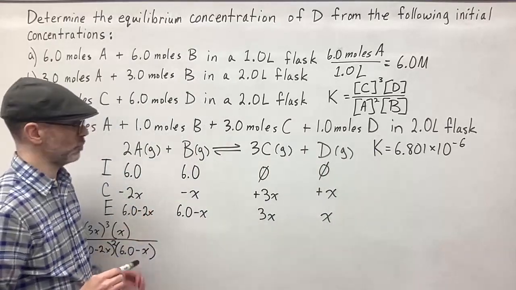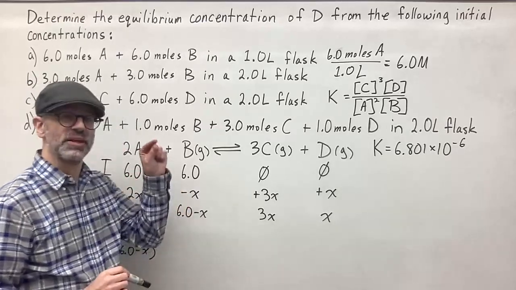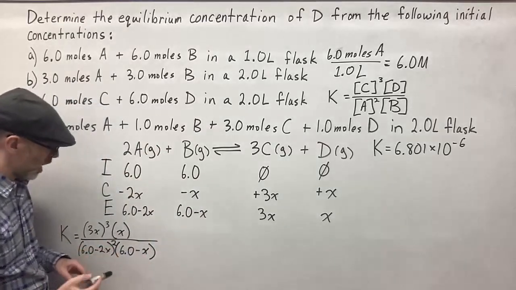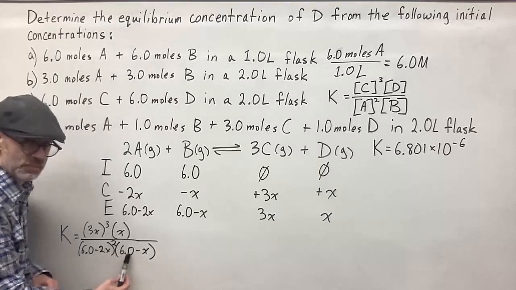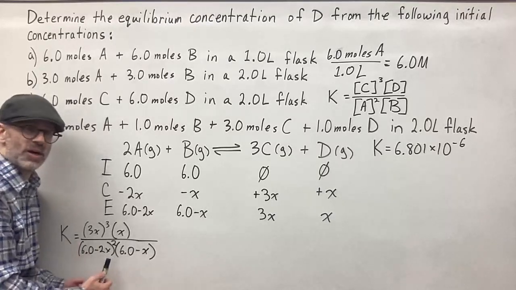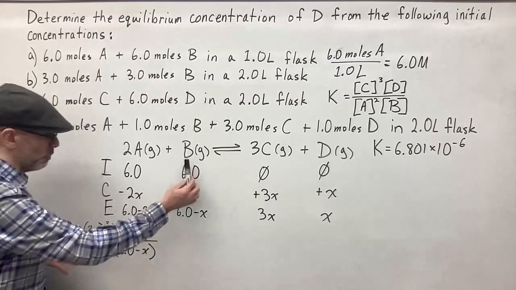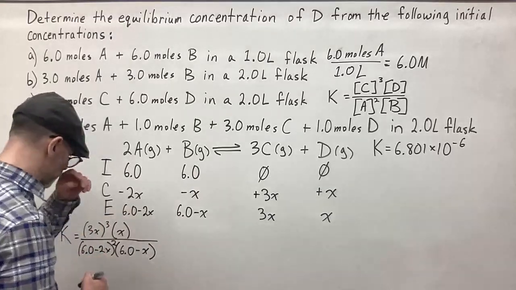So we can assume that the change in x here is going to be very, very small. So we can go ahead and cancel out the x, because the loss of x here from 6.0 is going to be so small that our equilibrium concentrations for B and A are going to be very, very close to the same.